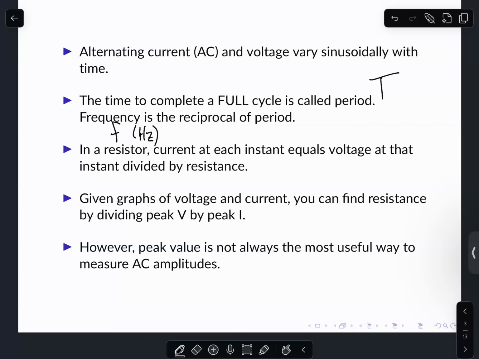Those are often labeled. However, looking for the height of the peaks, the most intense voltage, the most intense current, the tops or bottoms, for that matter, of the sine shape, is not always the relevant, important way to talk about how strong the amplitude of an AC voltage or AC current is.